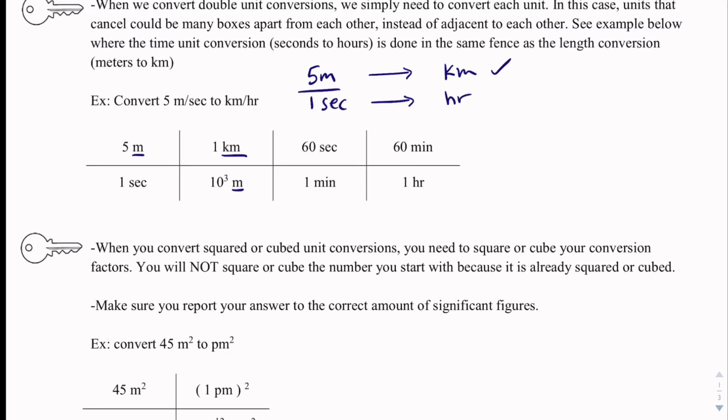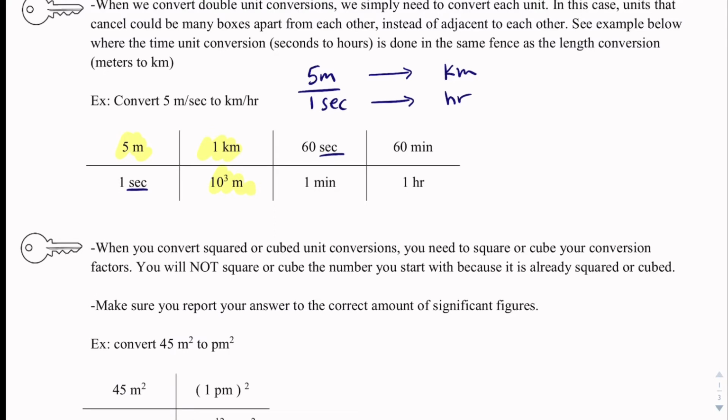Now, what I'm going to do next is I'm going to ignore these boxes. Maybe I'll highlight them that way because I do care about them, but I'm just ignoring them right now because I already did those conversions. So now here's what's really weird, and probably the first time that you've seen this. We are going to convert seconds to hours, and since seconds begins in the denominator, I want my unit that cancels it, another seconds, to also be diagonal from it.